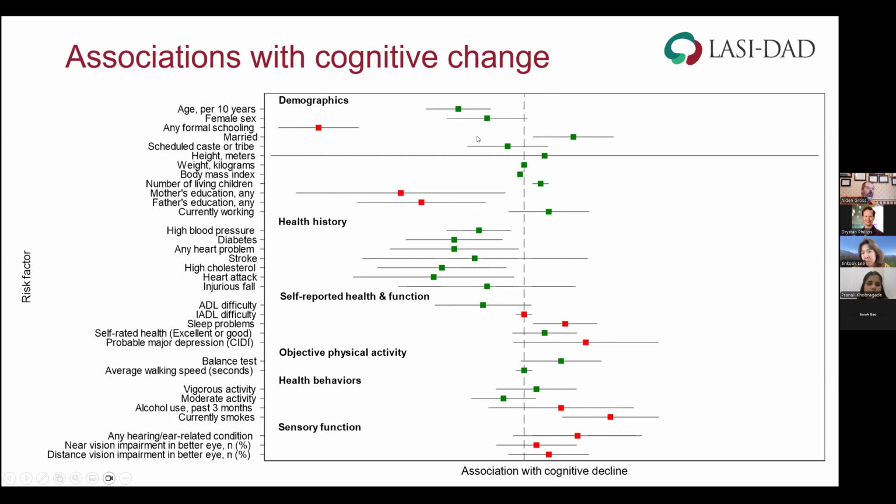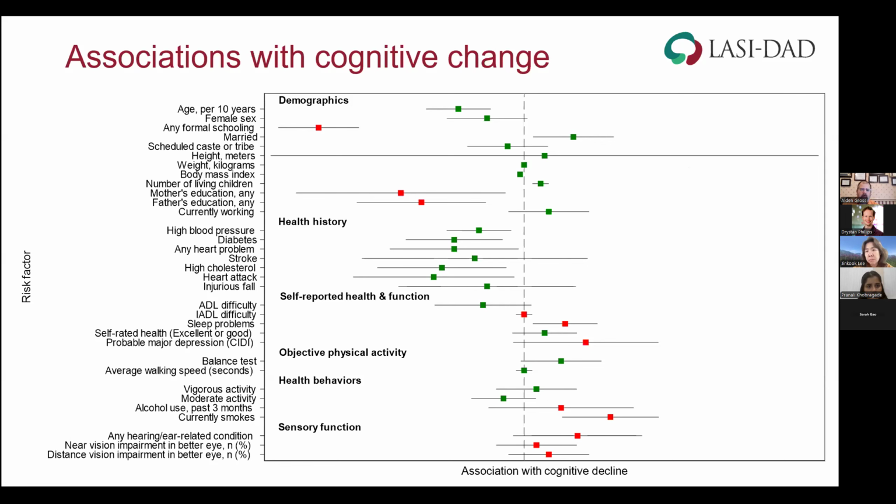In other words, older age is associated with steeper cognitive decline. Meanwhile, a green box to the right of the dashed line suggests that a factor may be associated with less steep cognitive decline.